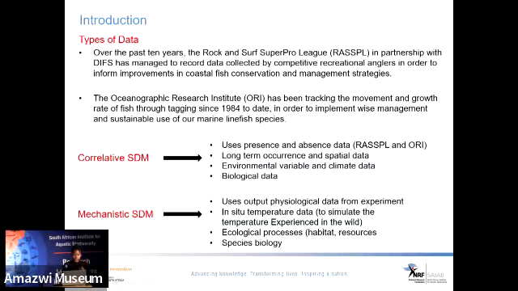And the Oceanographic Research Institute Cooperative Fish Tagging Project has been tracking the movement and growth rate of fish through tagging since 1984 to date. This is done in order to implement wise management and sustainable use of our marine linefish species and resources. So the data from RESPO and ORI is what we're going to use to inform our mechanistic and our correlative SDMs.